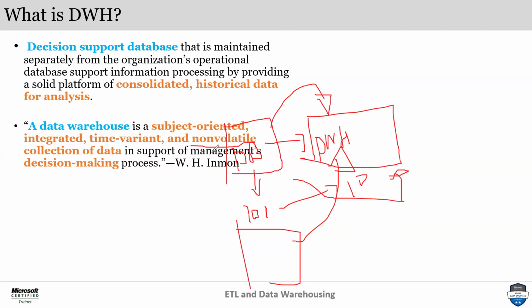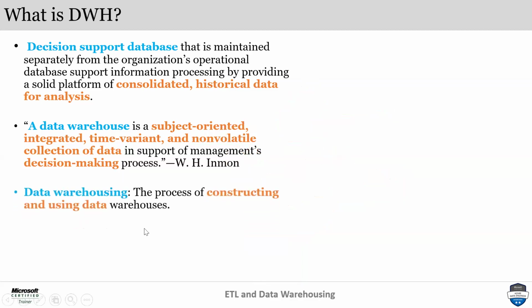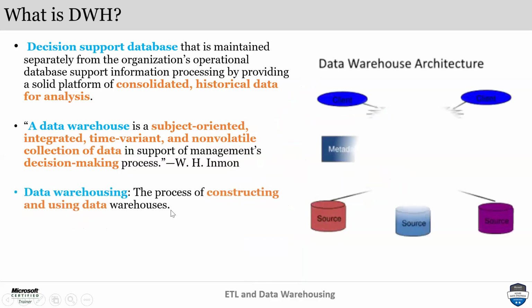So basically, a data warehouse will have subject-oriented, integrated, time variant, and non-volatile data, so that it helps management in the decision making process. That's called a data warehouse. Data warehousing is all about processing the data and constructing the data warehouse.